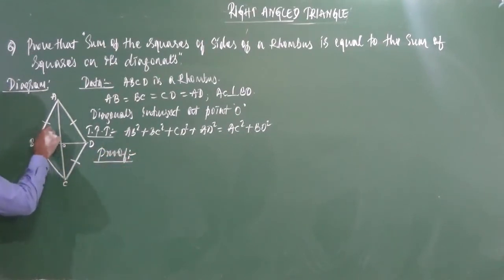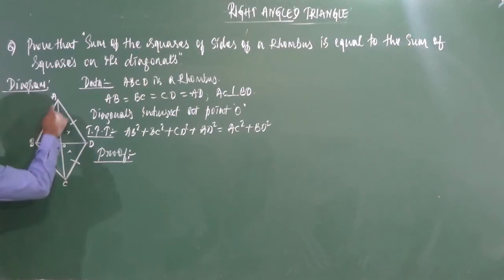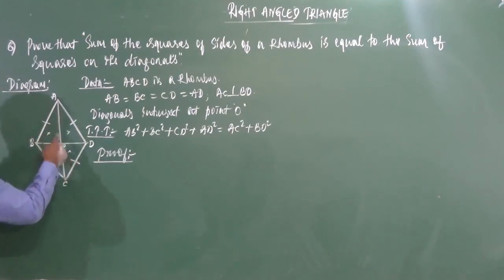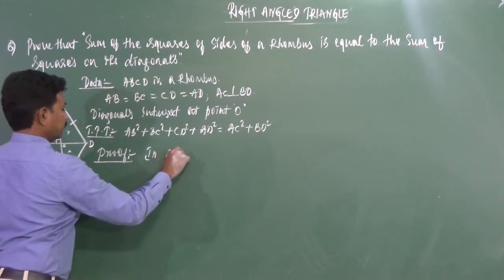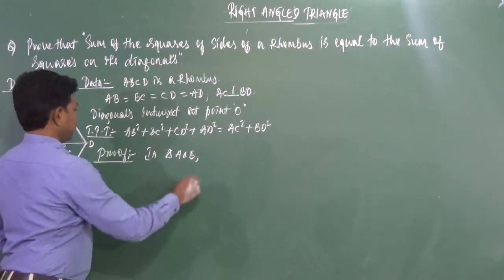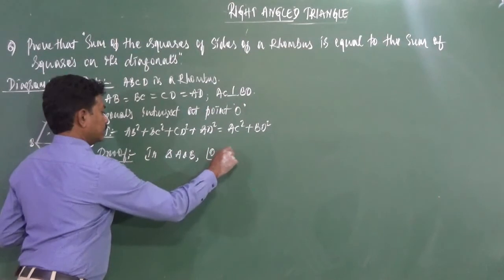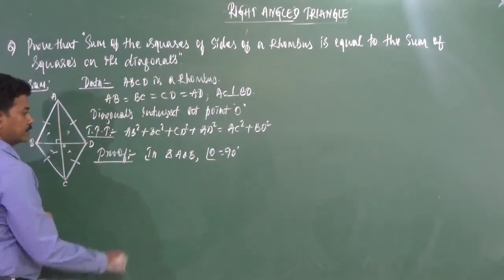Right. So here inside the rhombus we have 4 right angle triangles. Very important property, you have to remember this. In triangle AOB, angle O is equal to 90 degrees. We will apply Pythagoras theorem to this.